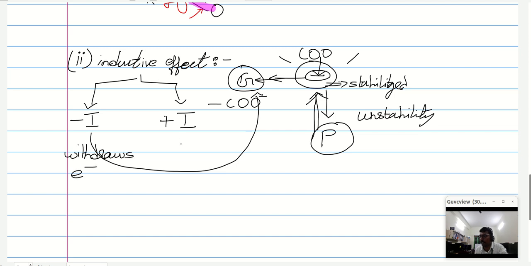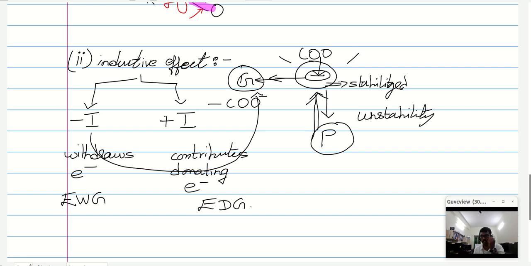Whereas the plus I effect contributes by donating electrons. So it is actually an electron donating group. So this is an electron withdrawing group, whereas this is an electron donating group.